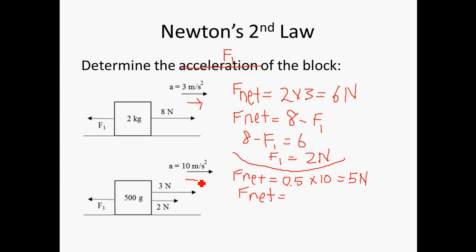You use the right because the resultant force has to be in the direction of the acceleration. So you will put 3 plus 2 minus F1. So basically it will be 5 minus F1 equal to 5. So your F1 is simply 0 Newton. All right, there is no value for F1.